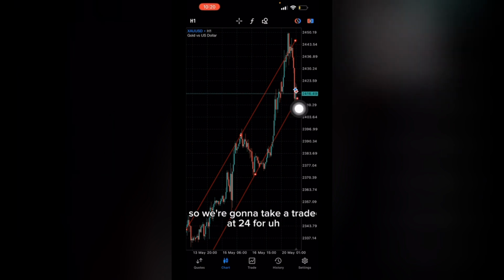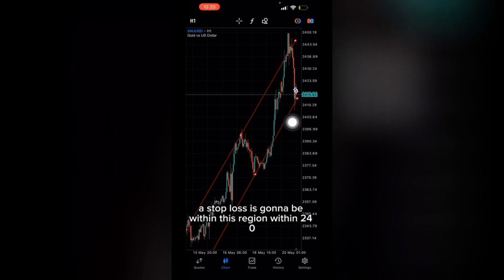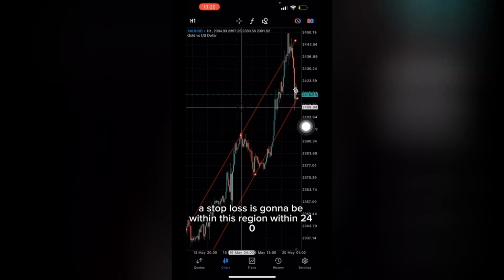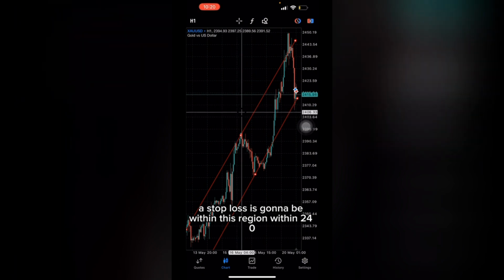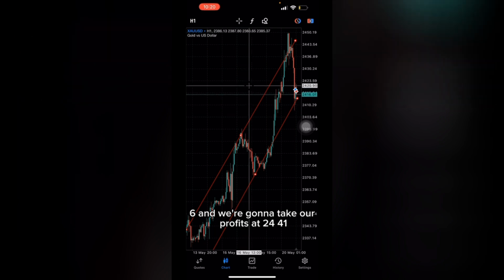So we're going to take our trade at 24.16, and then our stop loss is going to be within this region, within 24.06, and we're going to take our profit at 24.41.